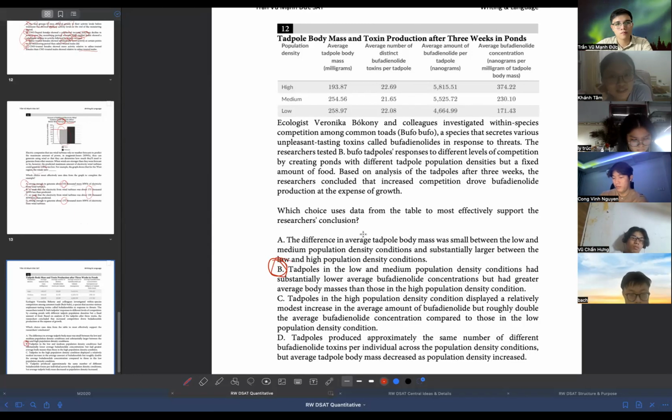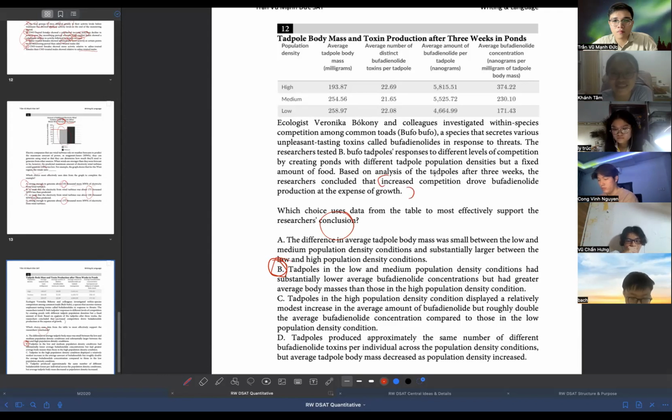In the conclusion, it says that the increased competition drove production at the expense of growth. So it means that in a more competitive environment, the production of something will be higher than in a less competitive one.